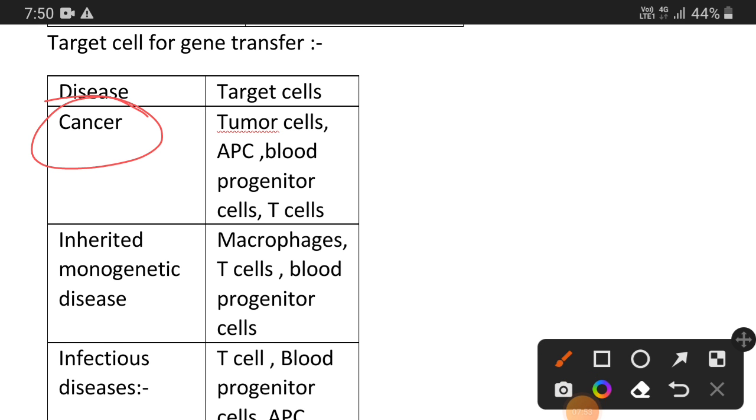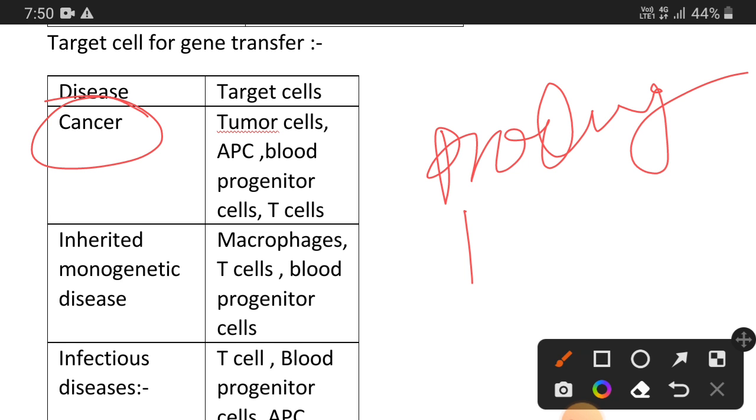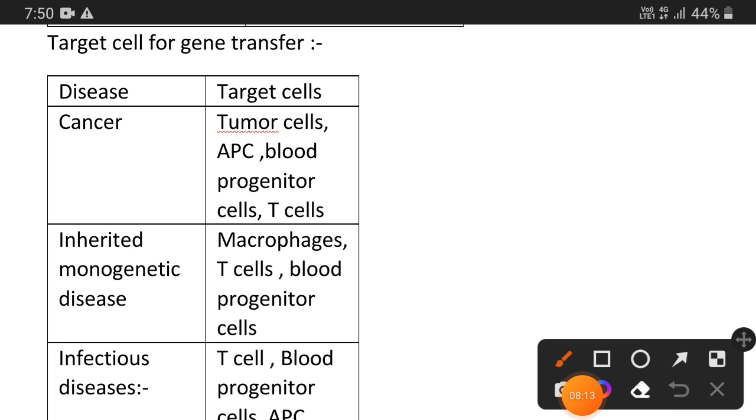If you are suffering with cancer, then for destroying those cancer cells either by our prodrug method or by toxin method, what kind of target cell should we choose? As they are tumor cells, tumor cells obviously, then APC, blood progenitor cells, along with T cells.